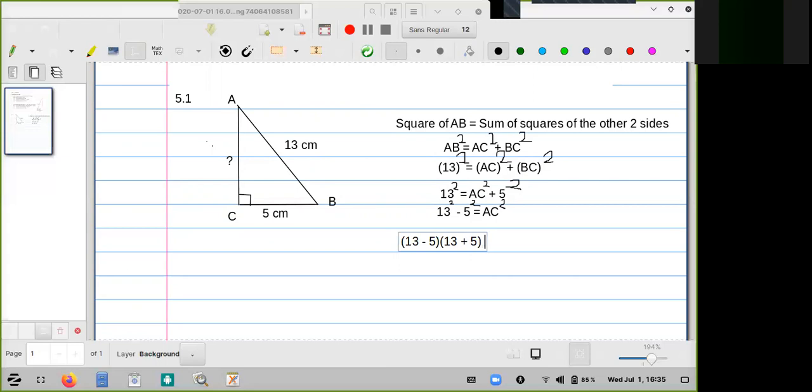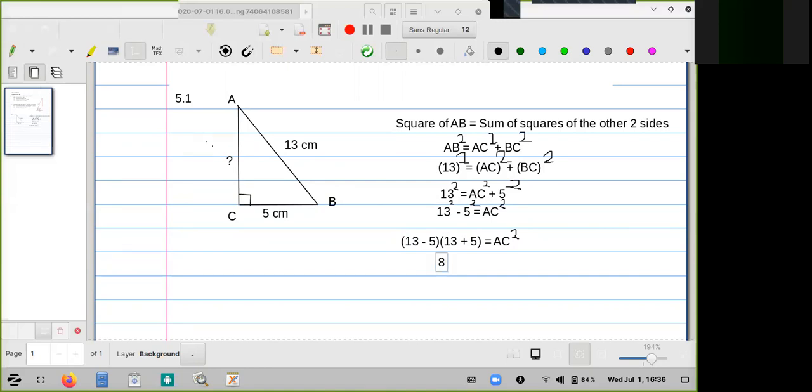This is equal to AC squared. Then 13 minus 5, we come up with 8.